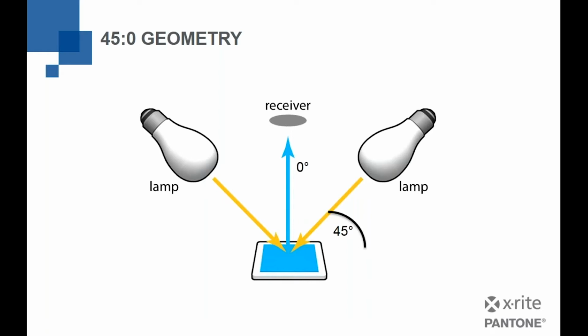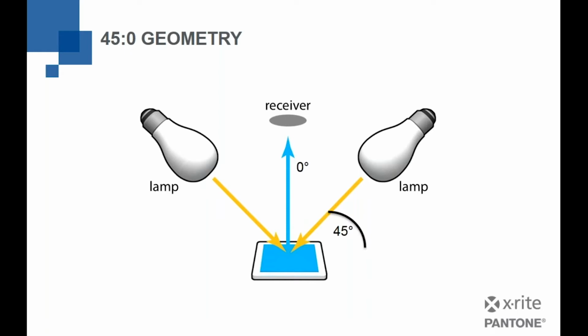So briefly, a 45-0 geometry instrument is called that because the lamps or the light is coming to the surface at a 45-degree angle and the measurement is happening at 0. The key for us today when we're talking about surface and directionality is that the light coming to the sample in this case is collimated.